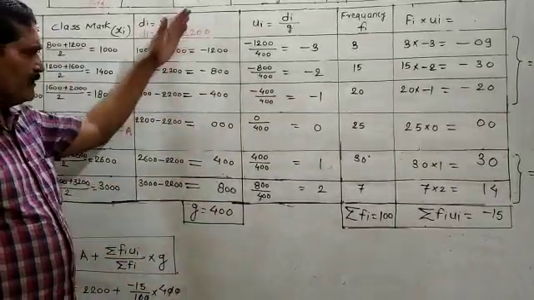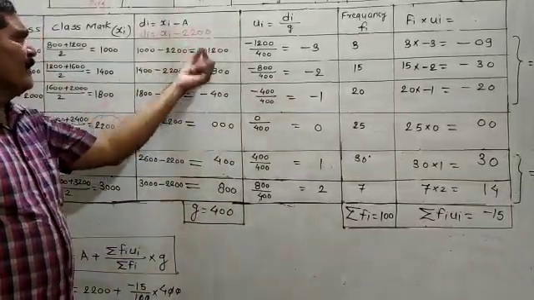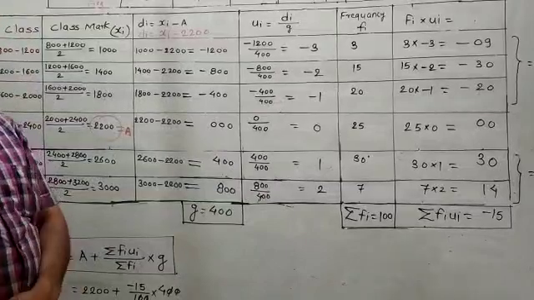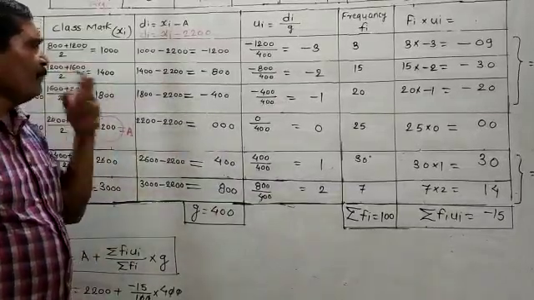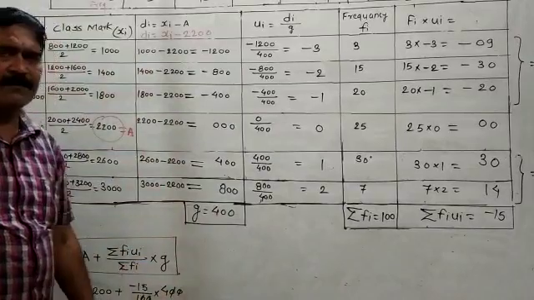So from this you get di. Once you have di, from the di you have to find the G. G means the greatest common factor.